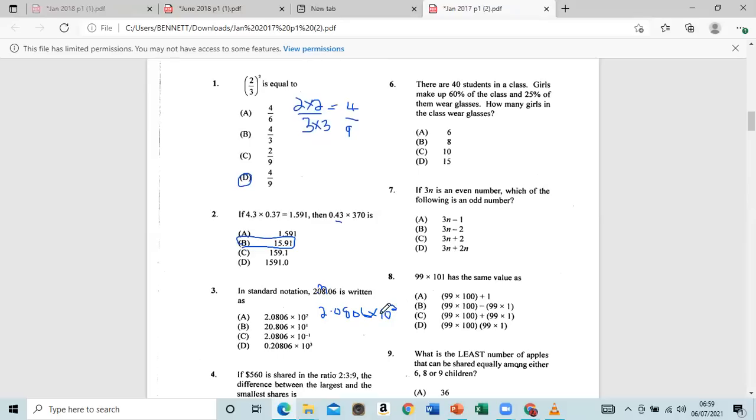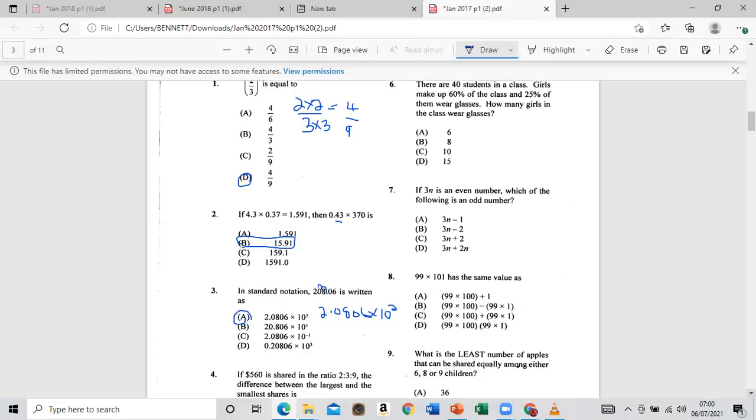And it will remain this because when we multiply 2.08 times 10 to the second power, we get back 208. So this would be our answer, 2.08 times 10 squared. So that's A.